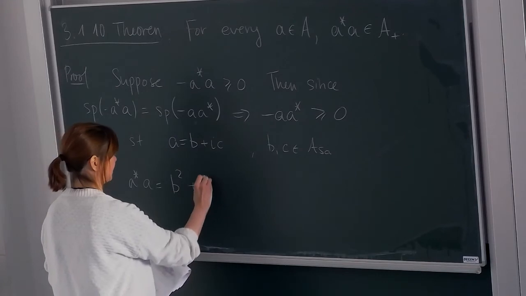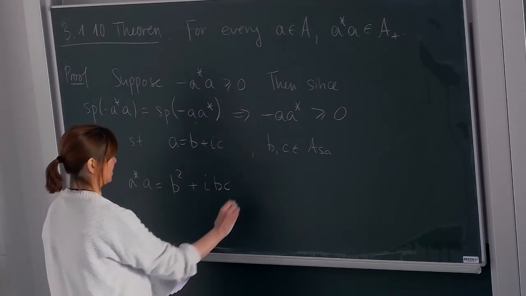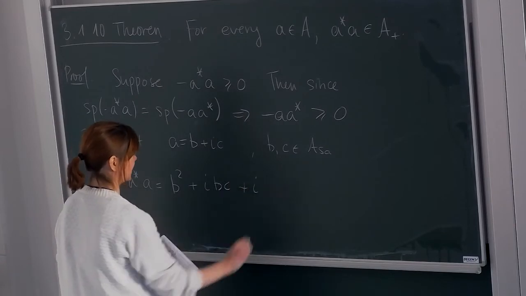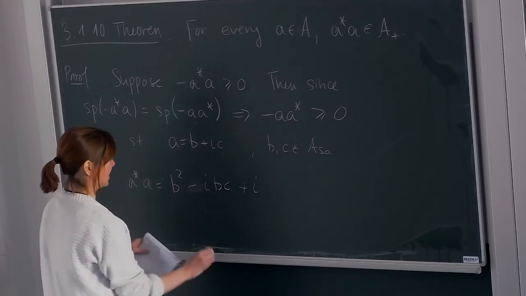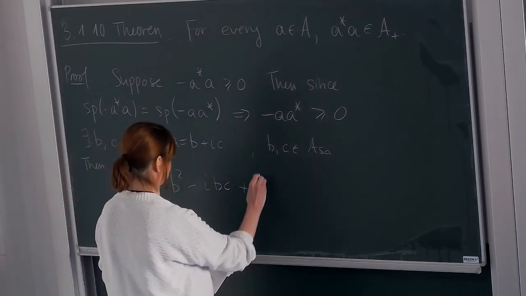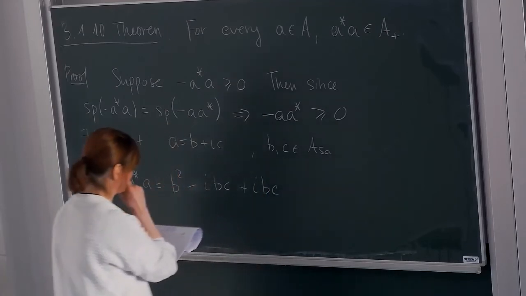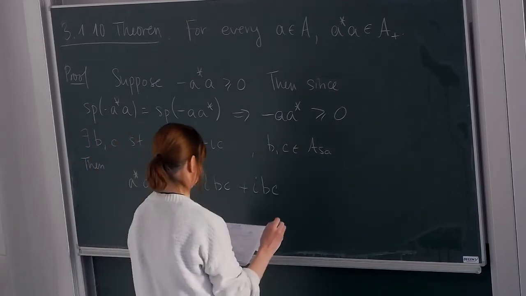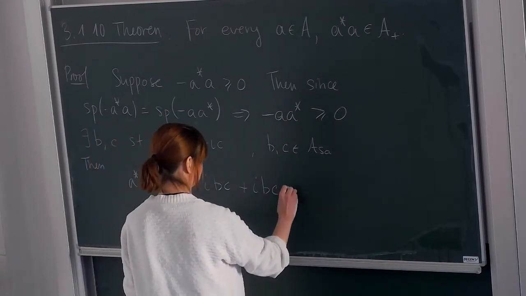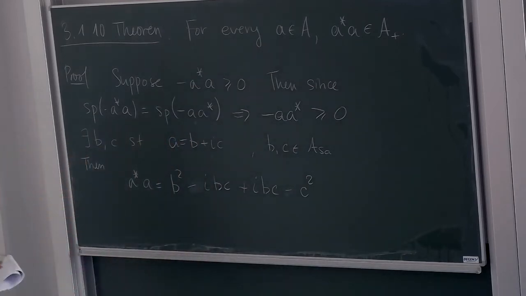And then we get IBC plus, wait a second, that's a lie. This is a minus, plus IBC plus minus C squared, since again C is self-adjoint.